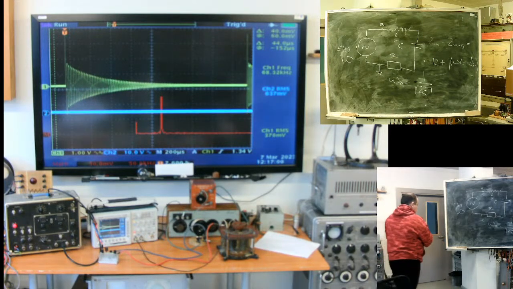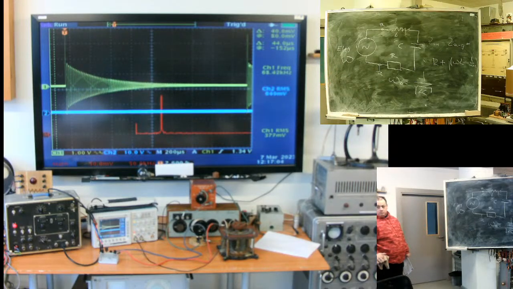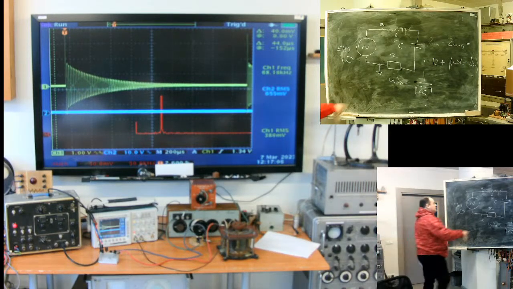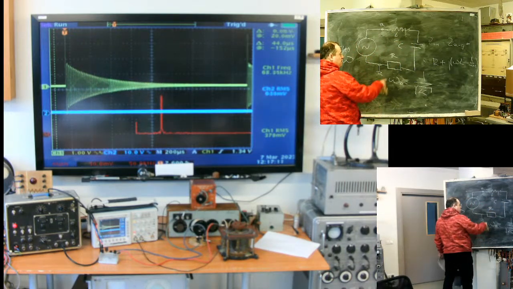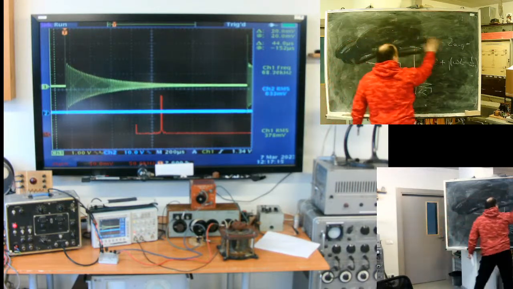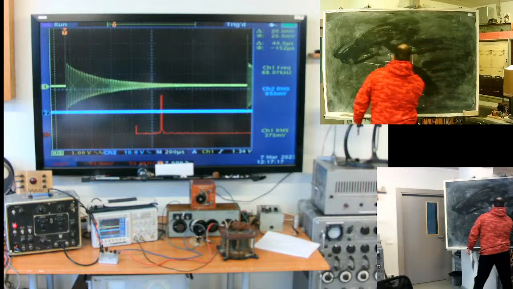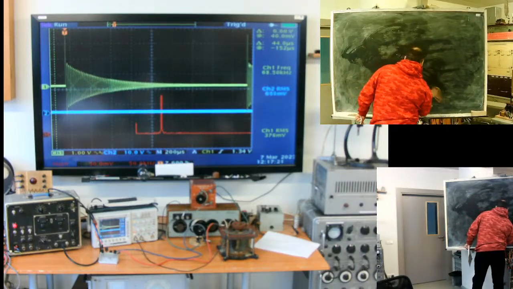And the current in the contour will reach its maximum, because only these two compensate each other, and the current will reach its maximum determined by the remaining active resistance. It's the so-called voltage resonance, or resonance of voltage.